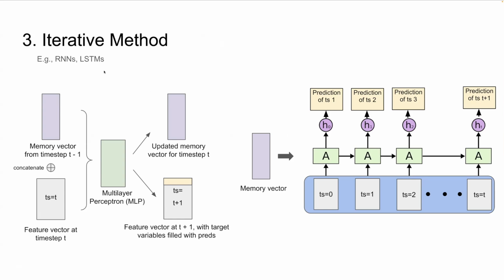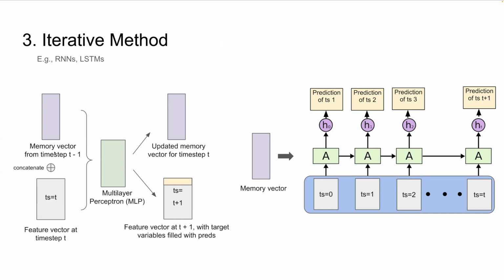Okay, now let's go into more details on the iterative method. So a good example of an iterative method would be recurrent neural networks or LSTMs. For those iterative methods, you'll always have some kind of memory vector, and you'll also have a feature vector.